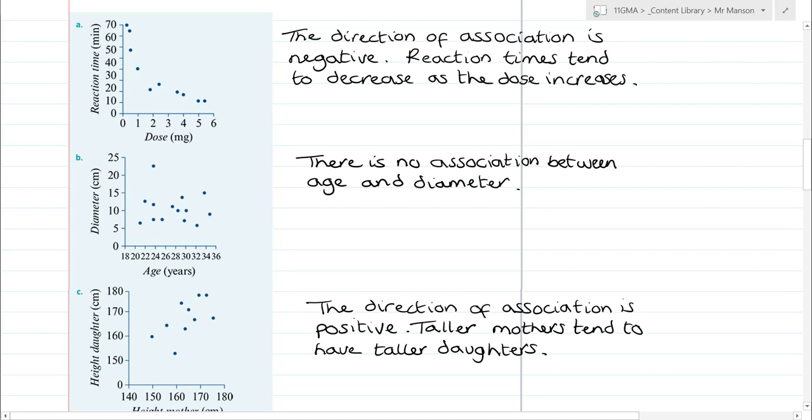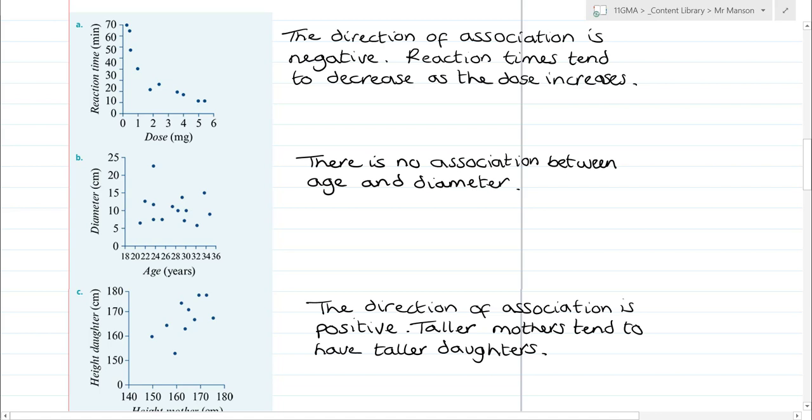The second one here looks to me a little bit like it has no relationship. But again, you might hazard to say, well, that's an outlier and there's a bit of a constant relationship. And it maybe doesn't matter what the age is, generally you're somewhere between 5 and 15, and that just varies. But I would say there's not really a clear relationship, no association between age and diameter.